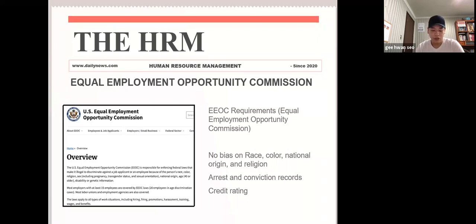Most employers with at least 15 employees are covered by EEOC laws, 20 employees in age discrimination cases. Most labor unions and employment agencies are also covered. The laws apply to all types of work situations, including hiring, firing, promotions, harassment, training, wages, and benefits.